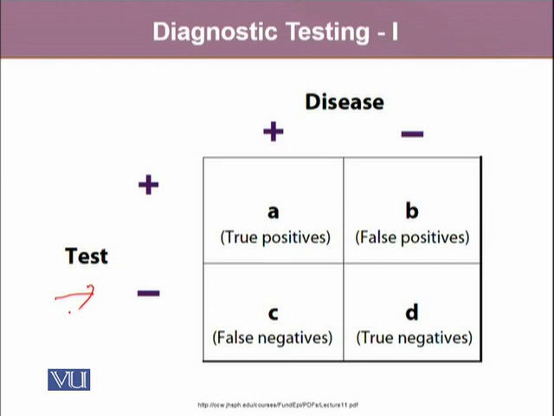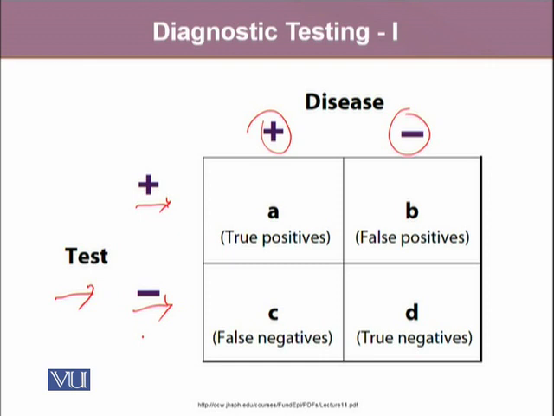A person showing positive here must be having the disease, and the persons showing negative are those who do not have the disease. Whereas this reflects the respondents who tested positive, these will reflect the respondents who tested negative from the new test.